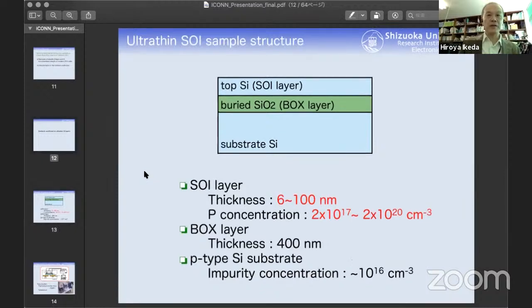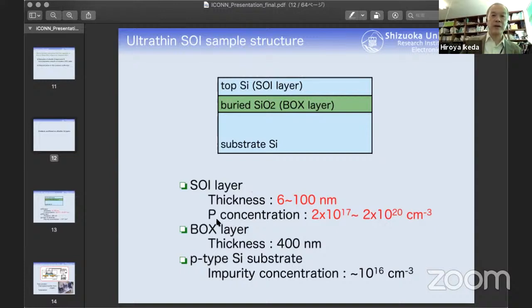This is a schematic of the SOI layer. In our experiment, we use SOI layers with a thickness of 6 to 100 nanometers, and we check the dependence on carrier concentration.